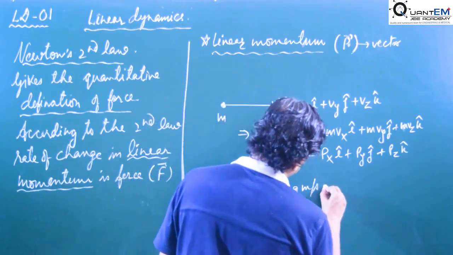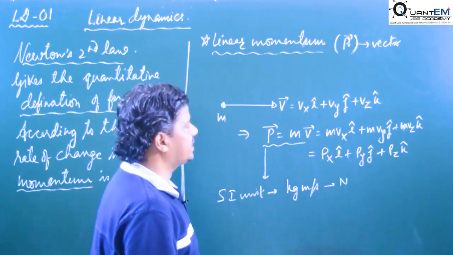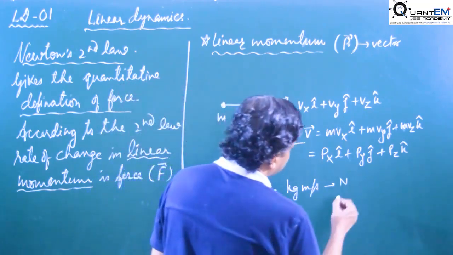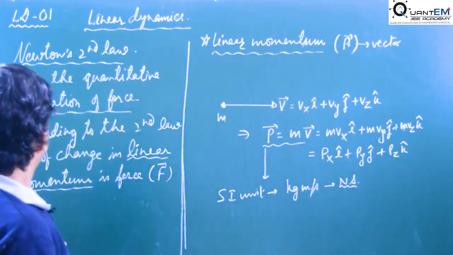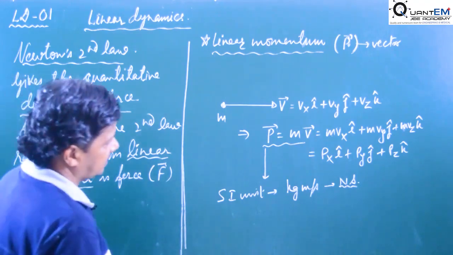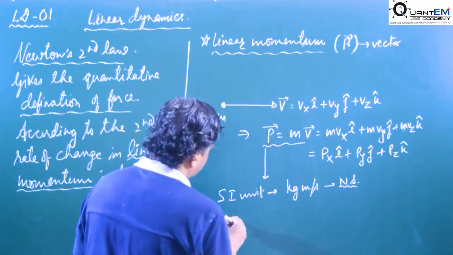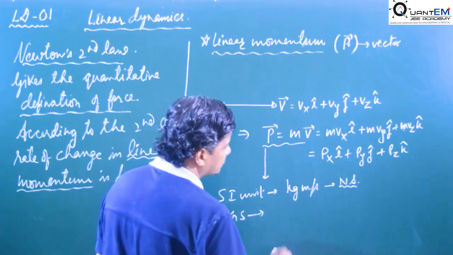It is also Newton second. Force is rate of change in the linear momentum. Rate of change in linear momentum is force. We'll be coming to this part only. Okay. Now we come to the CGS unit.